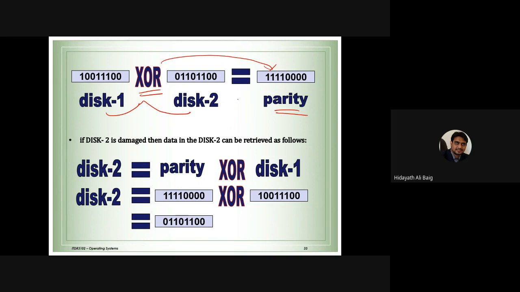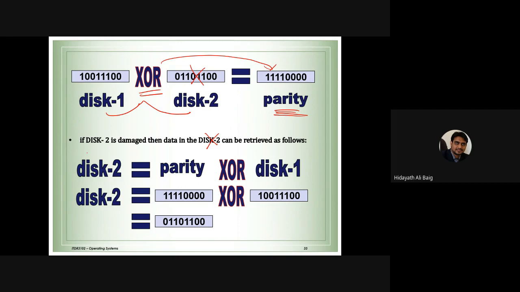Now, let's suppose we lost some of the disk. Suppose disk 2 has been damaged, meaning my disk 2 is not working. So how do I recover the data? We have our parity block, which will help us to recover the data. So how do we get the data now? Understand this.